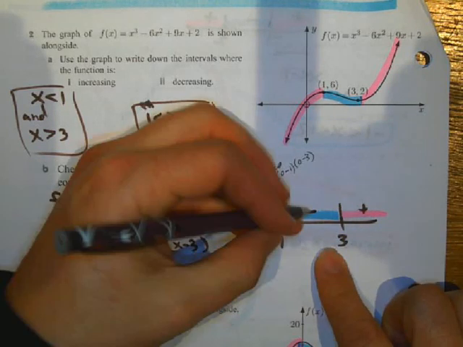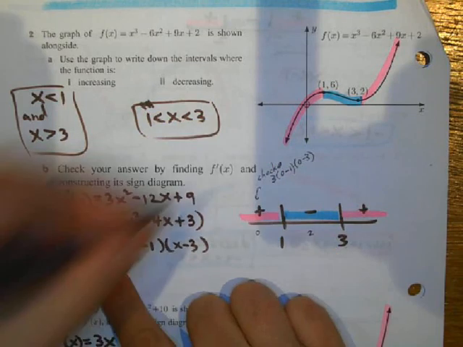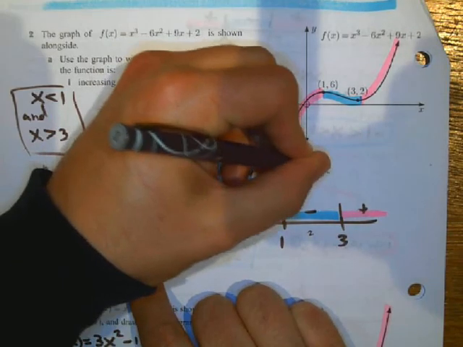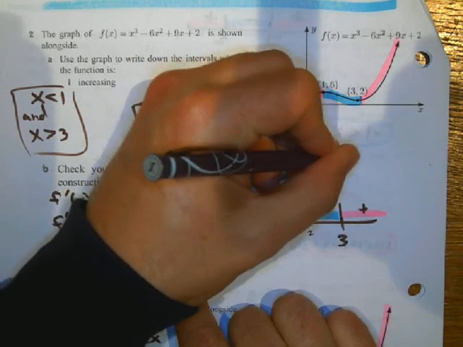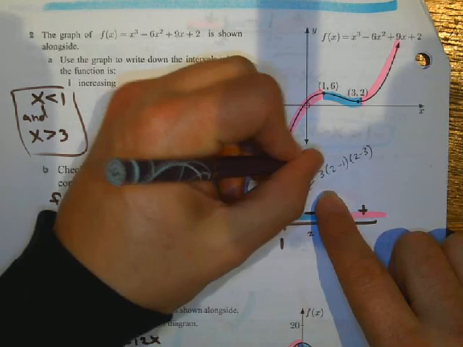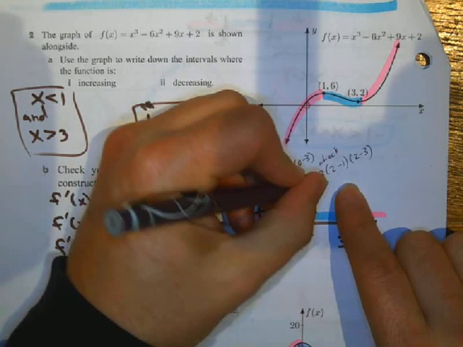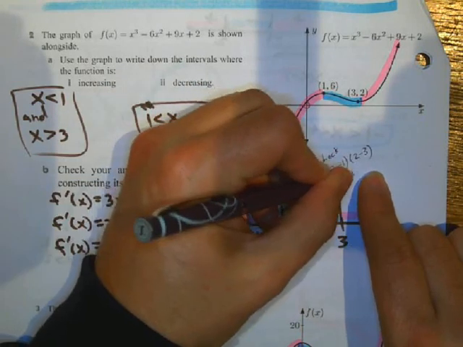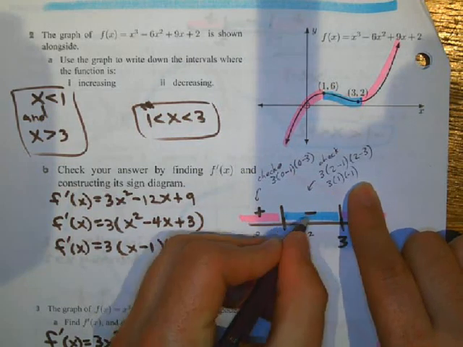How about 2? So I can check, we've got 3 times 2 minus 1 times 2 minus 3. So we're checking here. So this is 3 times 1 times negative 1. A positive times a negative is going to give me a negative answer.